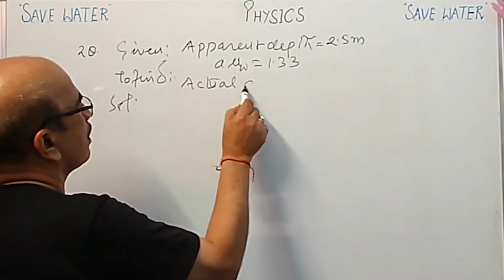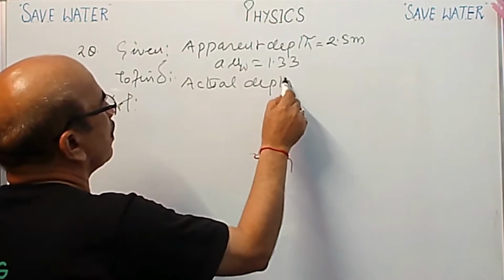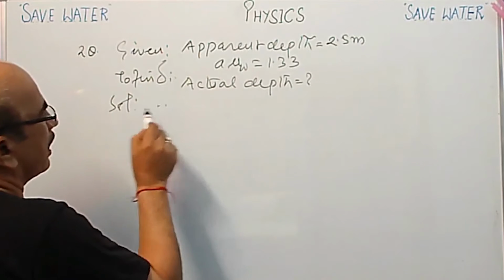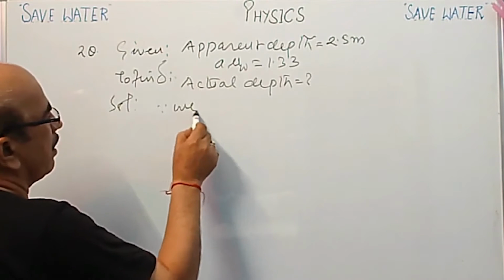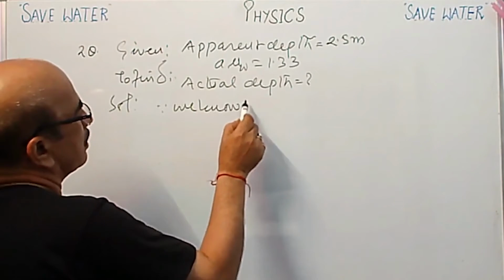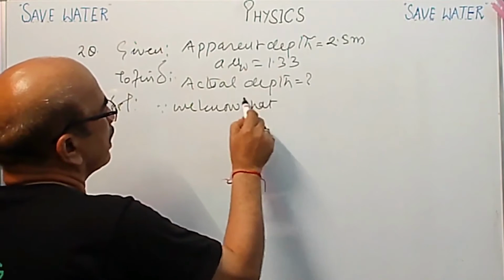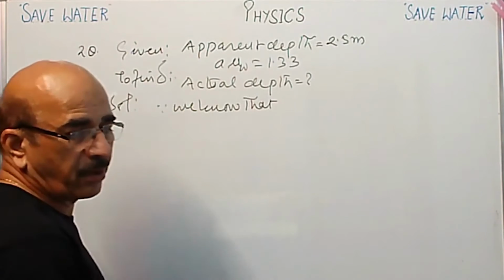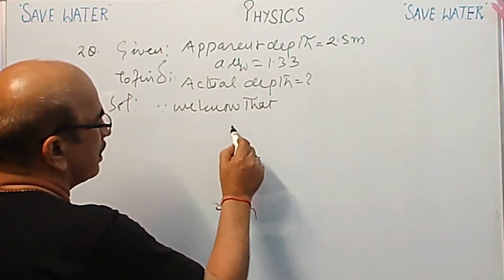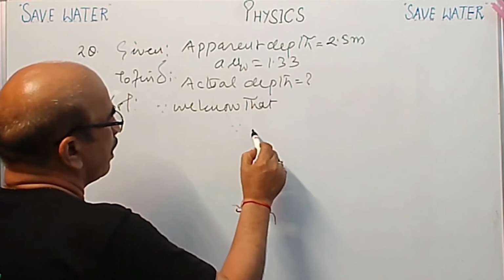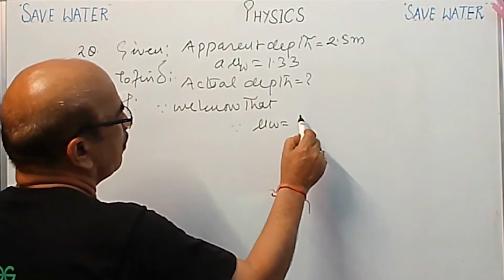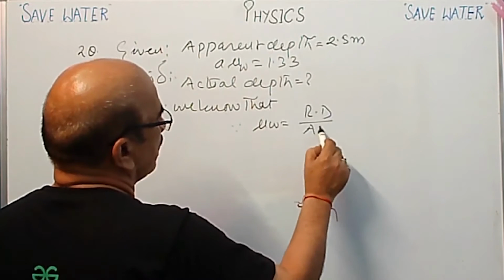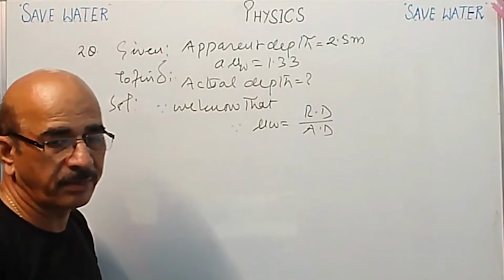Actual depth of water. This we need to find. Now again, since we know that, because we have to find actual depth, we can directly use a simple formula here. So here we write mu W, and here it is real depth upon apparent depth.